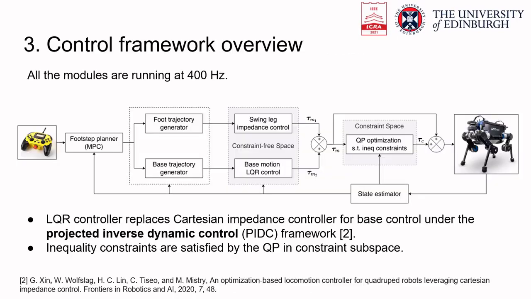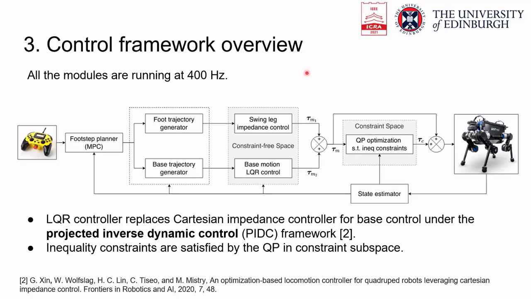Now, let's look at our trajectory tracking controller. We keep using our projected inverse dynamic control framework. In this framework, the inverse dynamics is projected into two orthogonal subspaces, the constraint-free space and the constrained space.